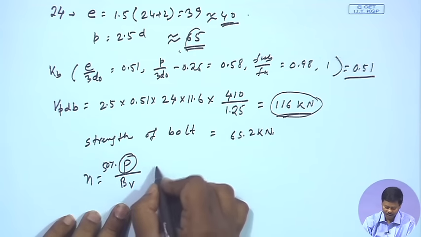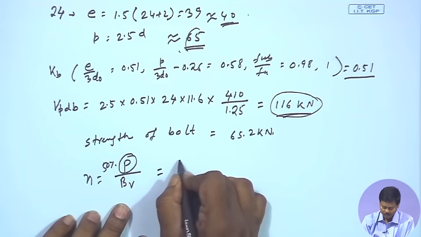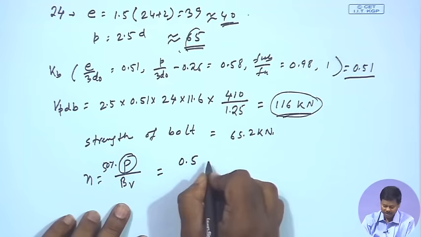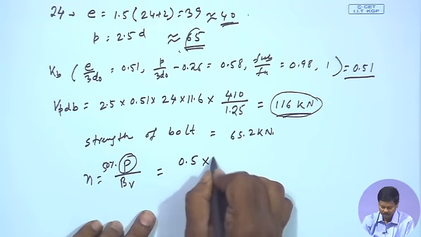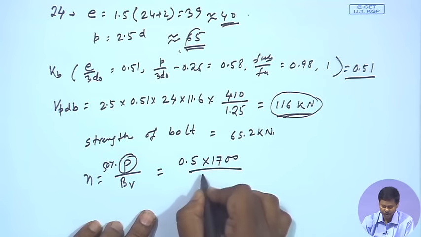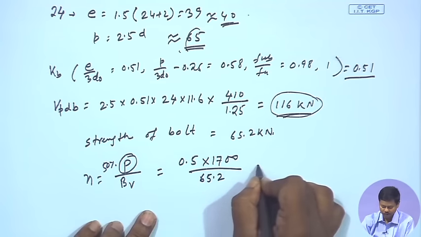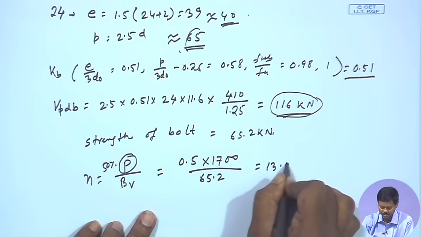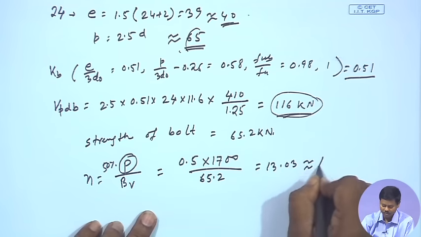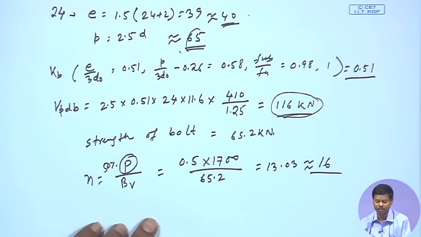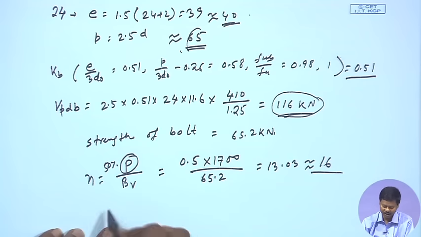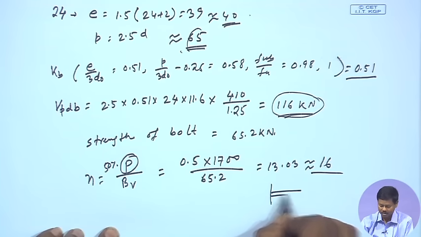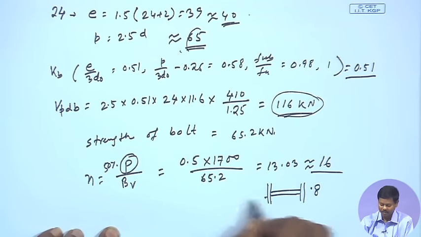So, if we assume 50% to pass through the connection, then 0.5 into 1700 by bolt value. So, this is becoming 13.03, that means we need to provide 16 number of bolts. So, if we provide 16 number of bolts, then in each side we will provide 8 number of bolts.